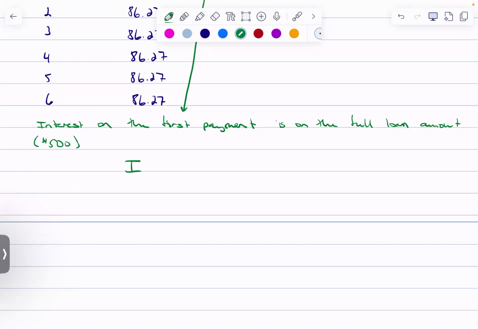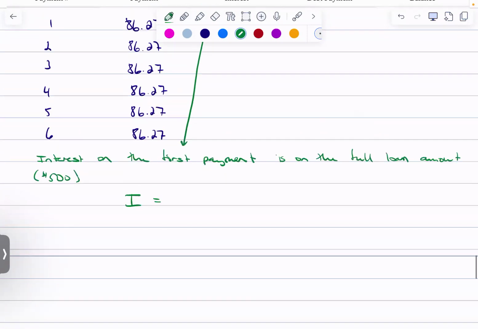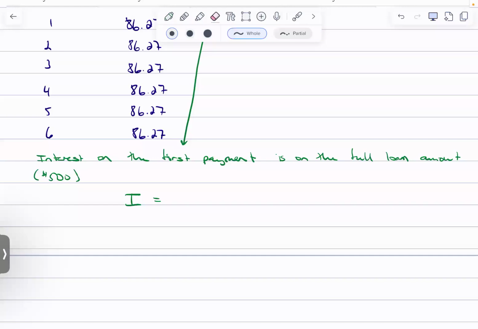So the amount of interest, if you want, I equals PRT. It works because it's just going to be for that one period of time.